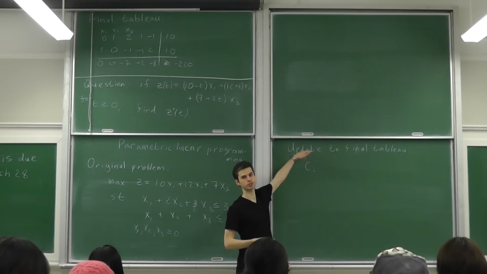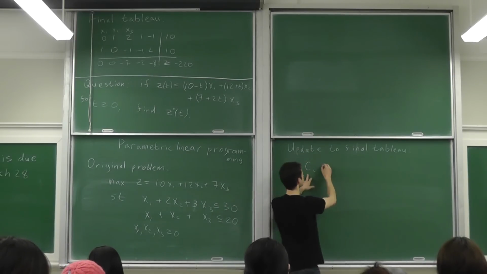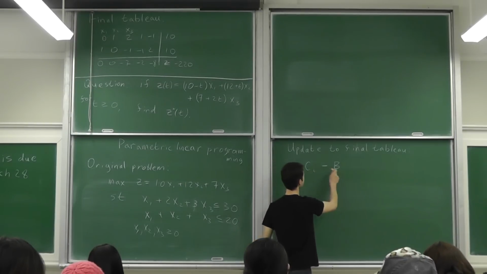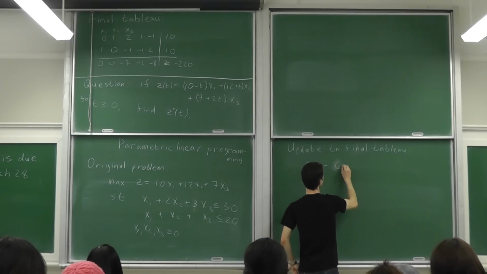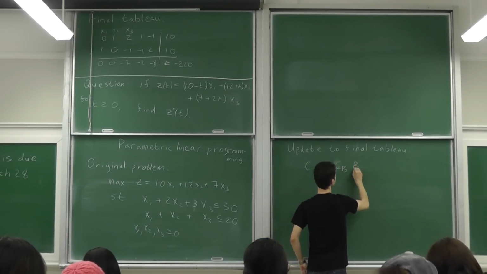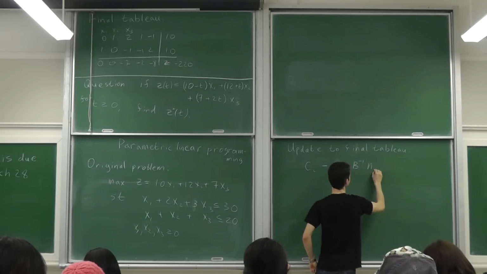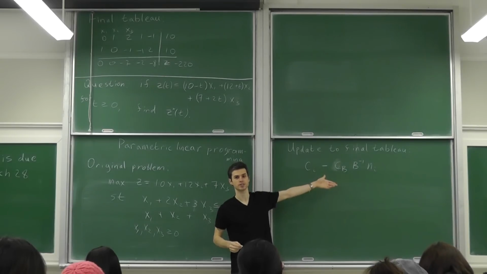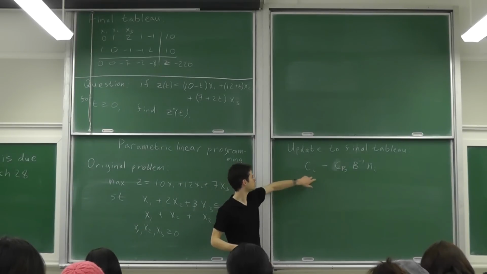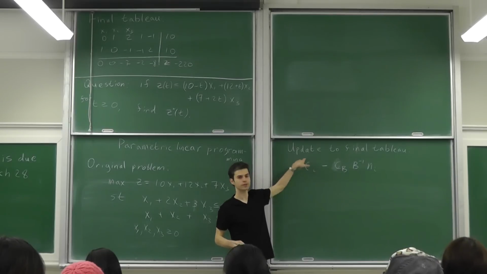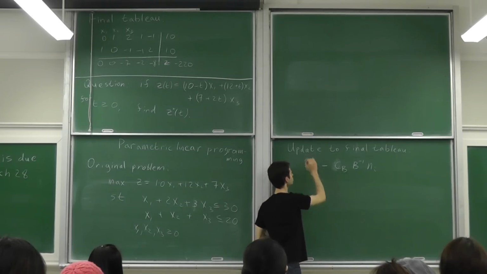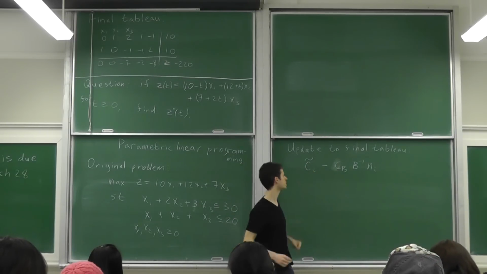If you have some coefficient in the original table, to compute the coefficient in the last table, we find c_B times the inverse times the ith column, and that's the coefficient in the last table. So now we are changing the coefficients in the original table, so we'll change it to some updated ones.